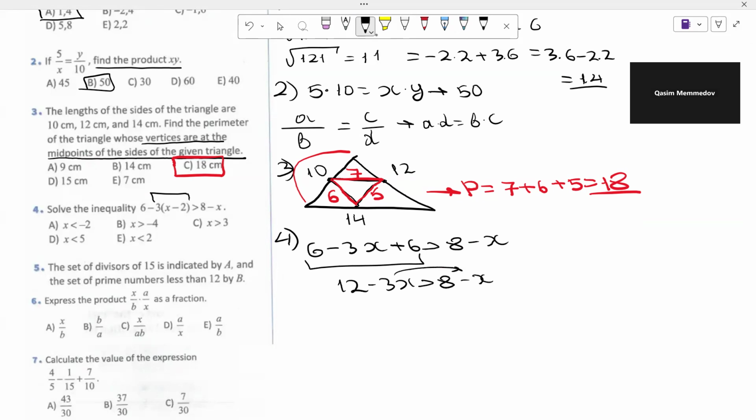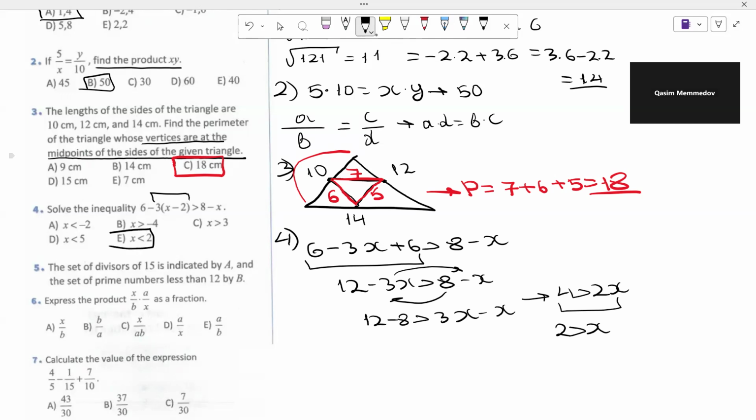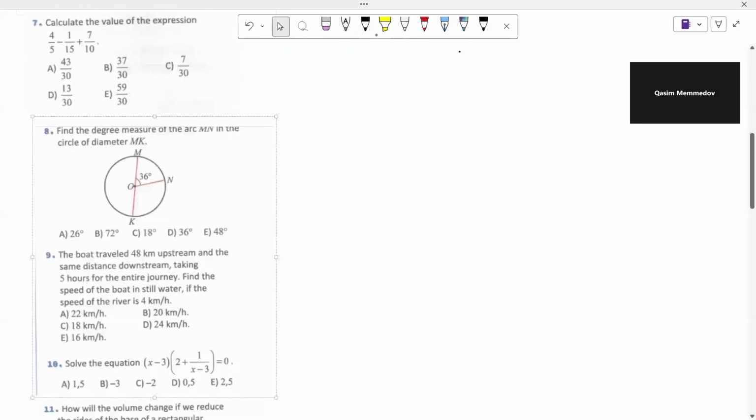I can write -3x on the right and 8 on the left. That's why 12 minus 8 bigger than 3x minus x, and 4 bigger than 2x. And when we simplify this inequality, 2 bigger than x. Answer is E. Let's continue with the fifth one.